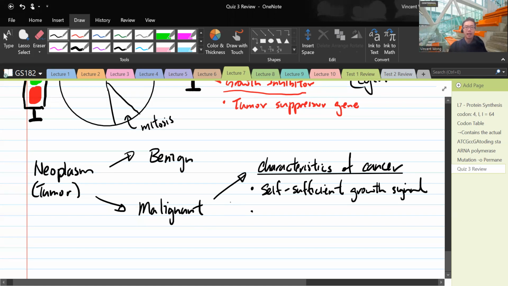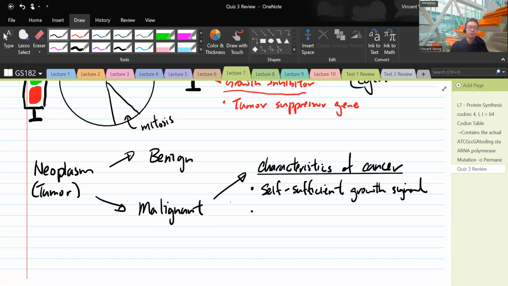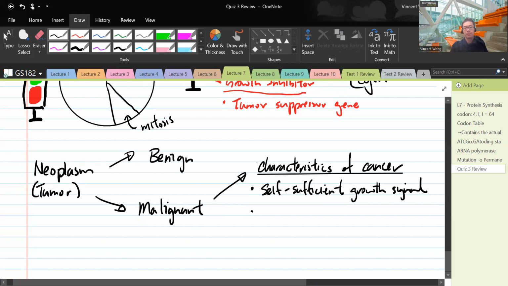They have their own green lights, and they follow their own rules. They could divide on their own without signals stimulating them. They would also ignore signals that stop or slow division.